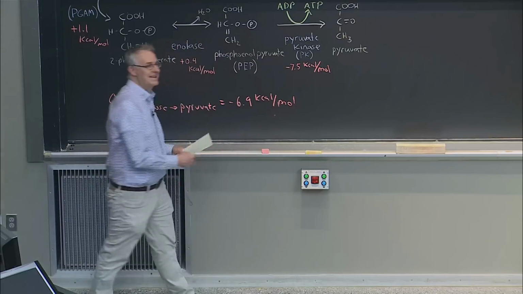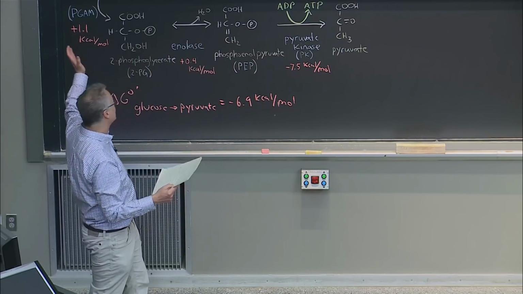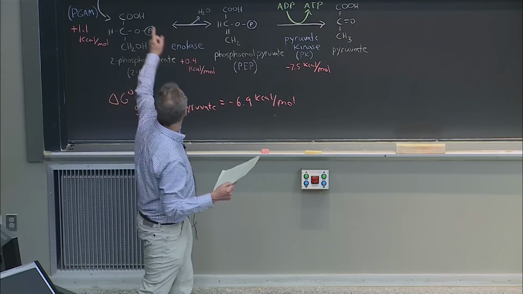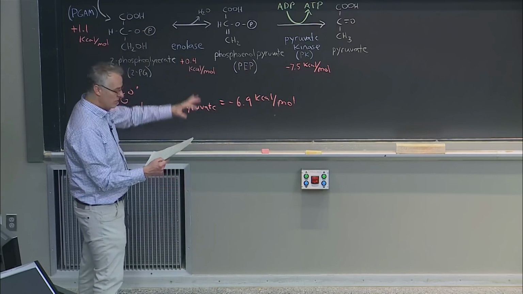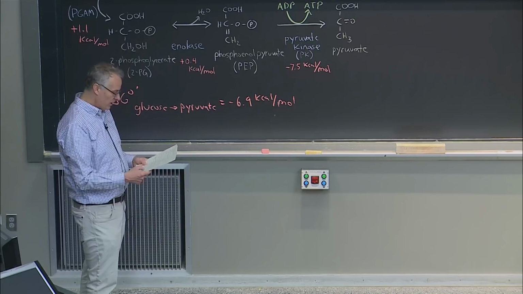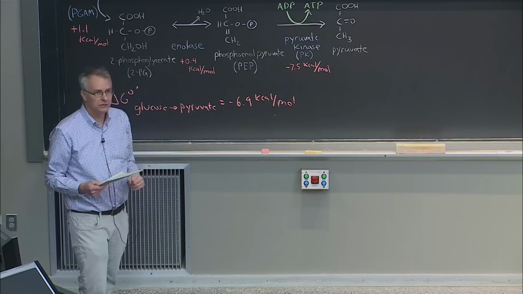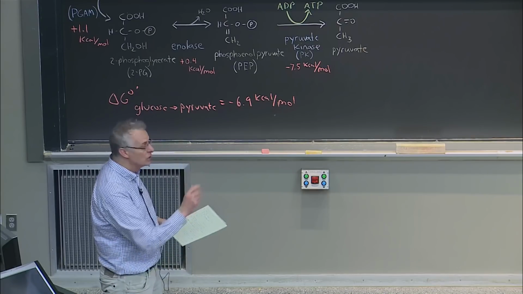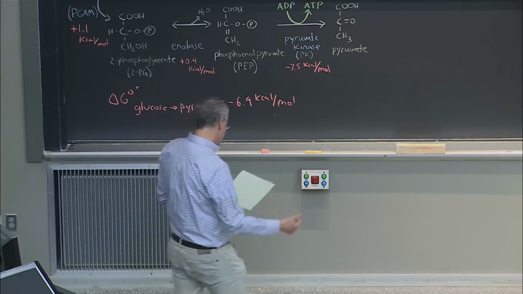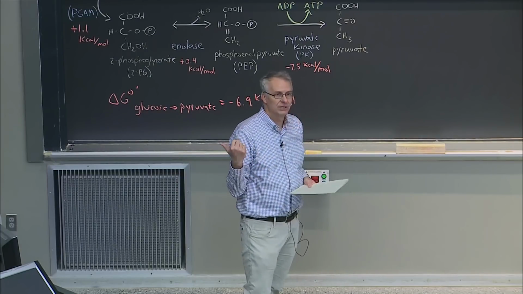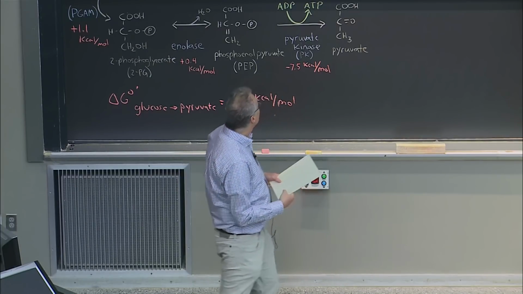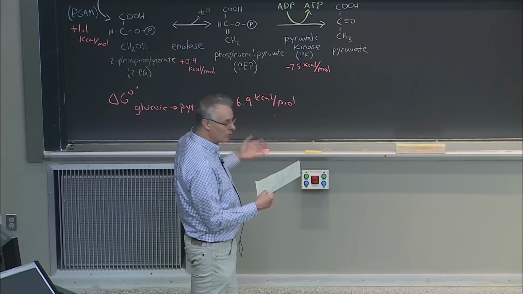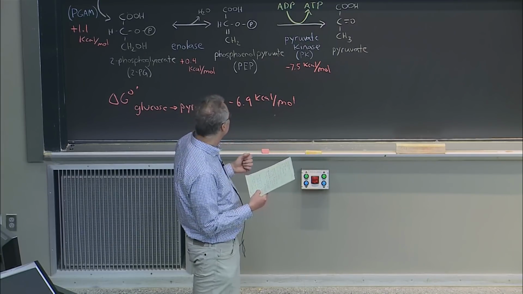And so that negative 6.9 means that for the entire pathway, equilibrium favors the right, so glucose to pyruvate. And that is why this can work as an overall pathway, even though for some of the individual steps, equilibrium may favor the opposite direction. Now you'll notice that there's several favorable steps where delta G naught prime is quite negative.